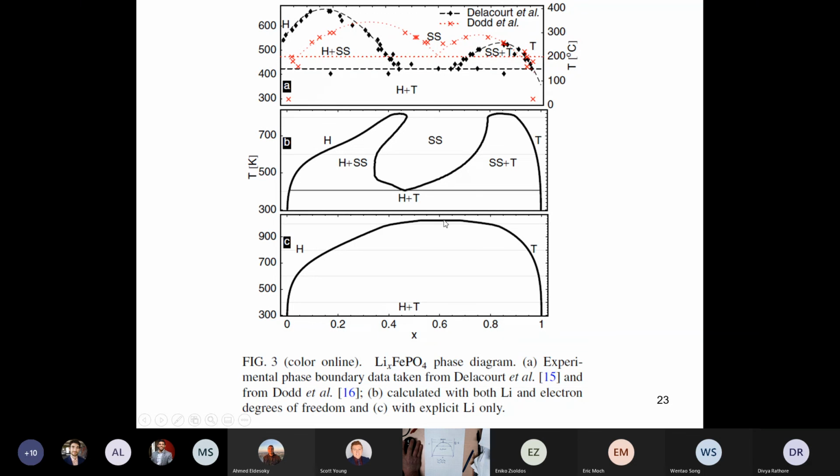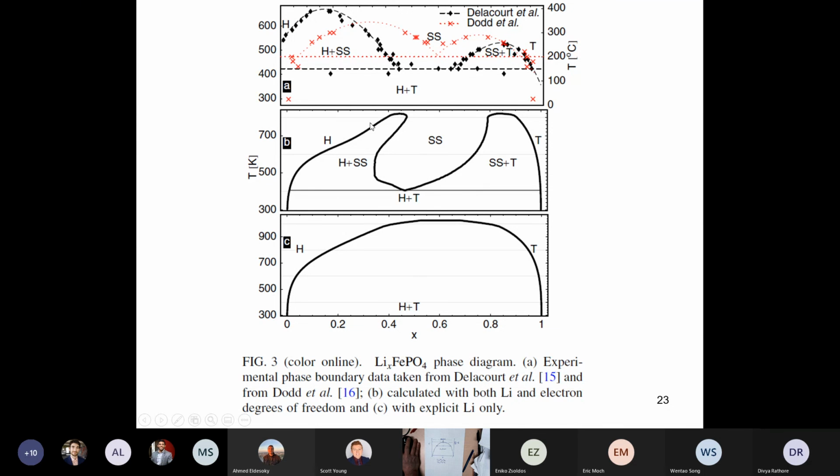It's a bit distorted, but it shows that at high temperature you have lithium everywhere, and then when you go down in temperature you get phase separation to this H and T phase, which I don't know why they call them H and T. These are very fancy calculations with density functional theory done by Gerd Ceder and his company and his people.